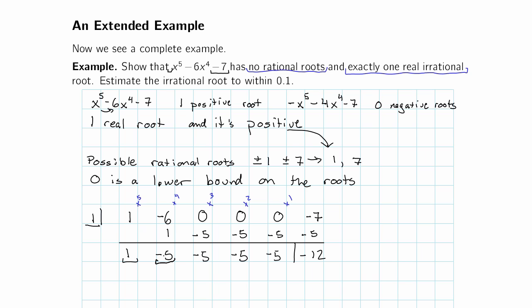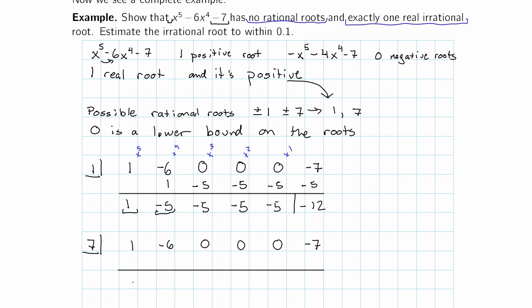Next, let's try 7. So bring down the 1, times 7 is 7. Plus negative 6 is 1. Times 7 is 7. Plus 0 is 7. Times 7 is 49. Plus 0 is 49. Times 7 is 343. Plus 0 is 343.